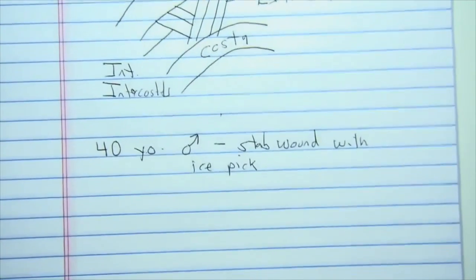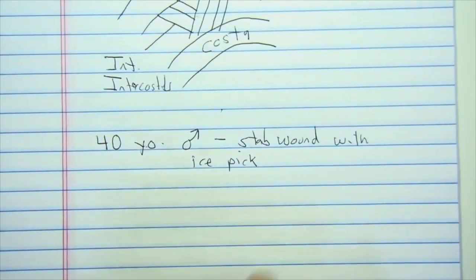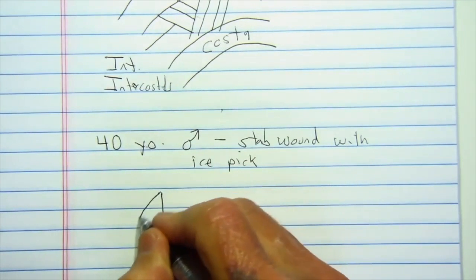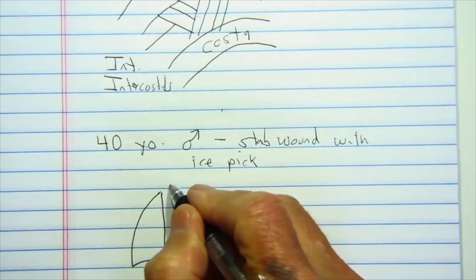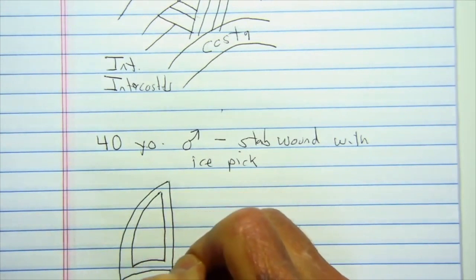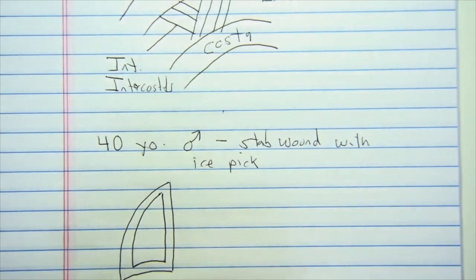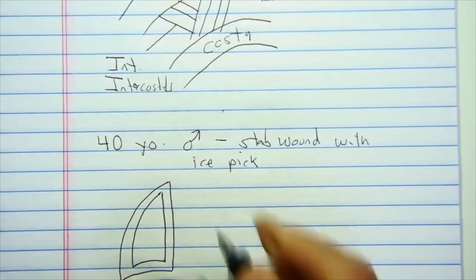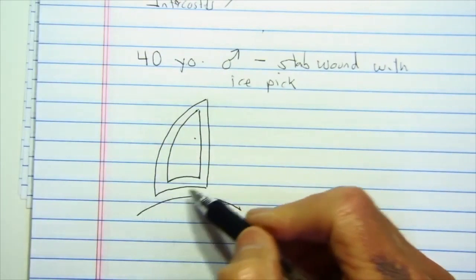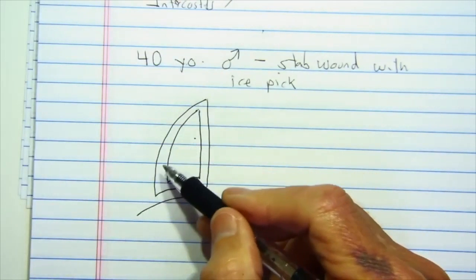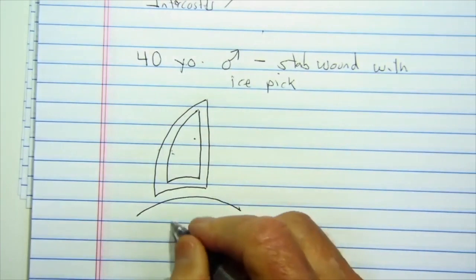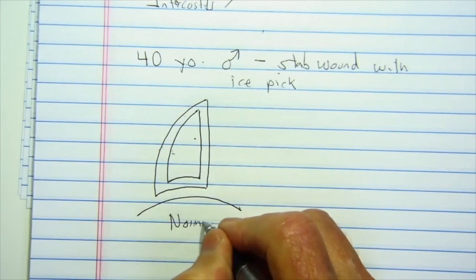Before the ice pick entered the chest wall, we took an x-ray before the stabbing, and it looked kind of like this. This is a normal chest film. I can literally see the diaphragm sitting here. I can see my lung sitting here. And I can see my intrapleural space is normal, so the space between the visceral and the parietal pleura is normal. So that's a normal chest film.